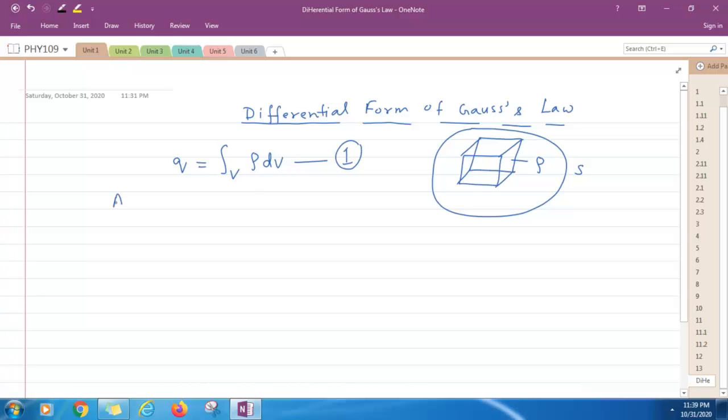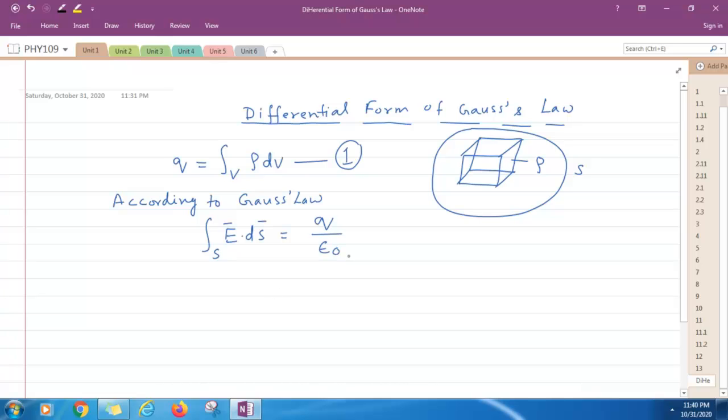Now according to Gauss law, flux coming out from a closed surface, that is E dot ds, is equal to charge enclosed by the surface divided by epsilon naught.